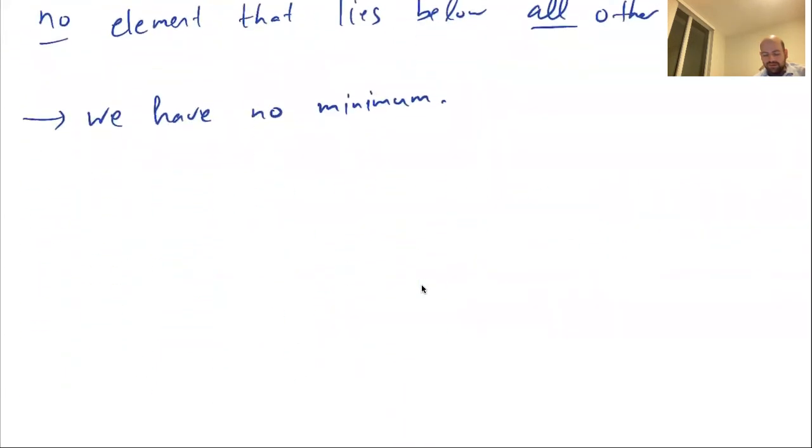The next definition I want to talk about is least upper bound and greatest lower bound of a set. So let S with this curly less than or equal, which is like a relation R, be a poset.